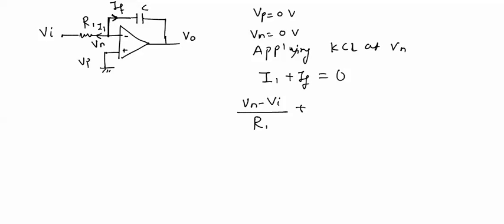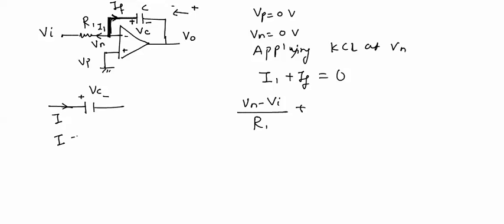As current is flowing in this direction, we will have potential as Vc. If direction is this, then polarity would be this. So a capacitor which has a current in this direction would have polarity of voltage in this way.